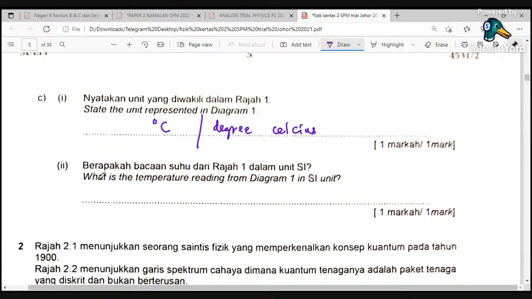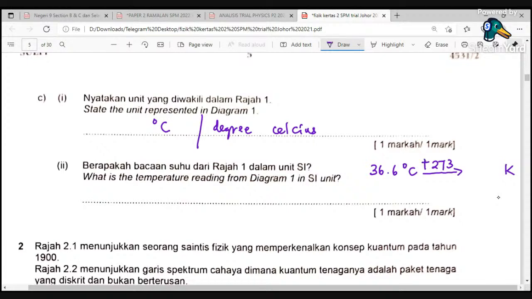Okay. Part 2, what is the temperature reading from diagram 1 in SI unit? 36.6 degrees Celsius is not SI unit. If they want you to write in Kelvin, what should you do? Plus 273, because 0 degrees Celsius equals 273 Kelvin.